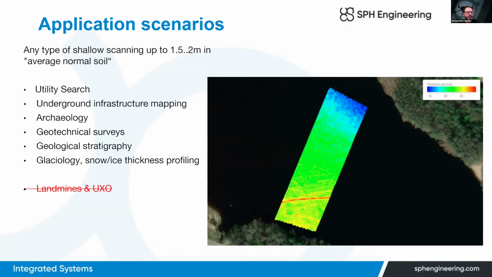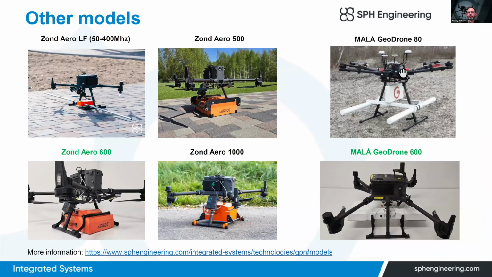Actually, technically it is the same, soil layers profiling, and these systems are very good for not very thick snow and ice profiling. Not very thick, I mean not dozens of meters. If you need to profile glaciers, you need lower frequencies, meaning Aero LF or MALÅ GeoDrone 80.